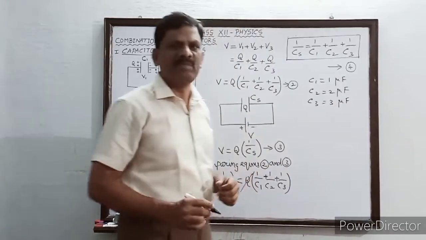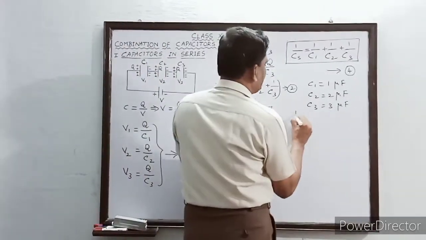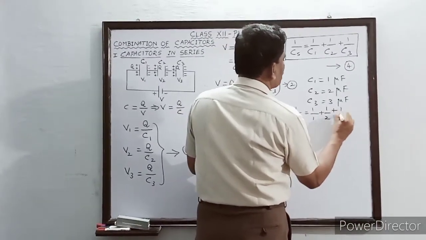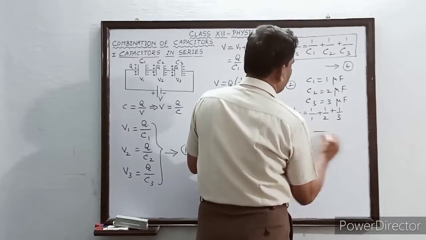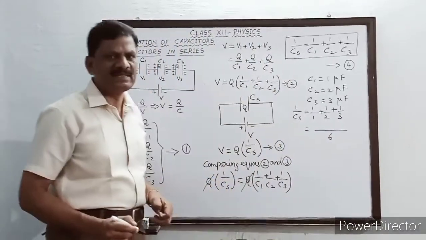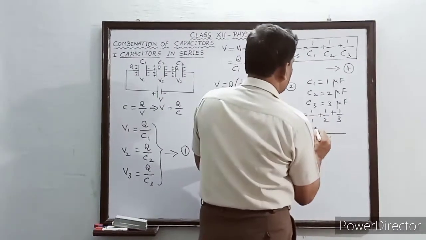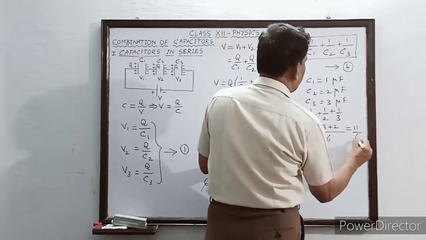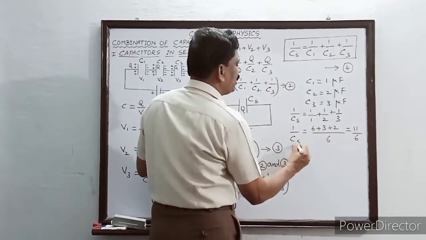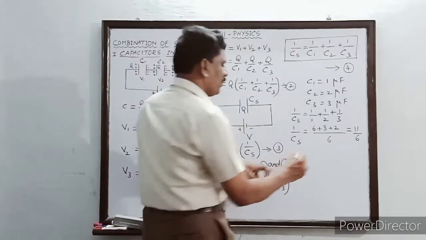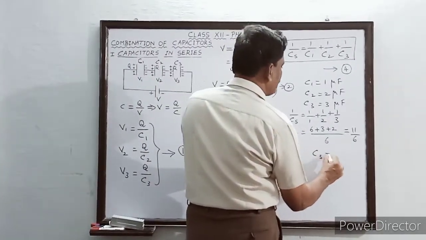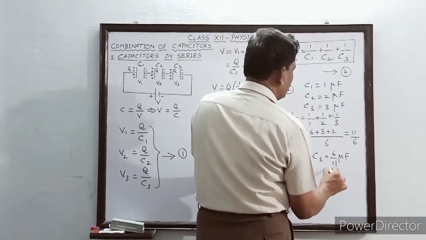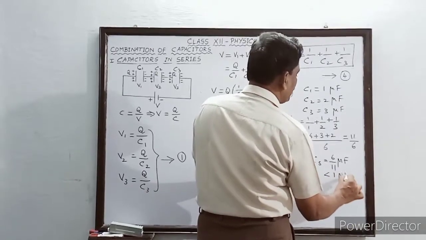So how will you find now 1 by Cs? 1 by Cs is equal to 1 by 1 plus 1 by 2 plus 1 by 3, and with LCM 6, this is 6 plus 3 plus 2 over 6, that is equal to 11 by 6. So 1 by Cs is 11 by 6. Therefore Cs is equal to 6 by 11 microfarad, and this is less than 1 microfarad.